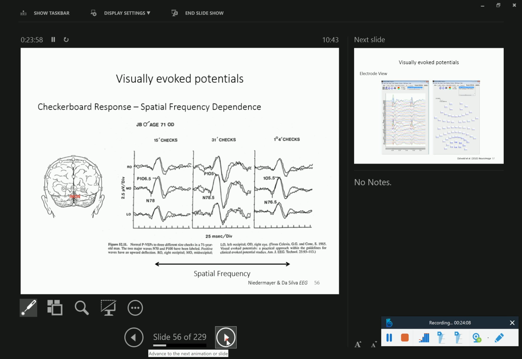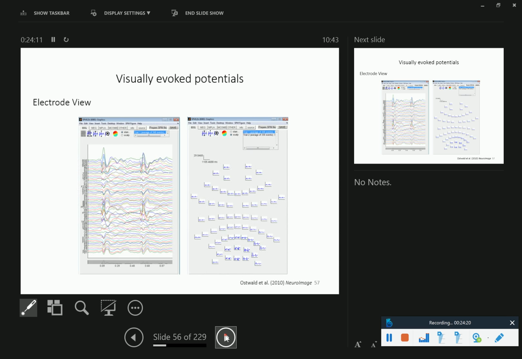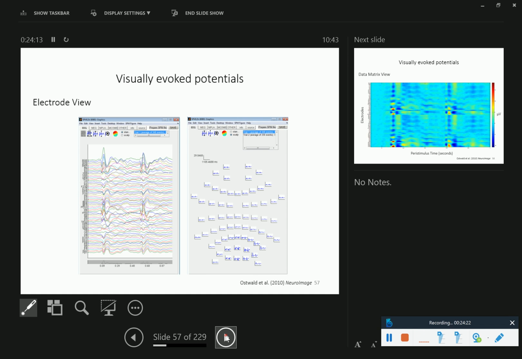There are different ways to look at event-related potentials, because usually you will not record from 2 or 3 electrodes, but standard today is 64 electrodes, at least 32 electrodes, and I think this is actually from a 32 electrode system, rough estimation.